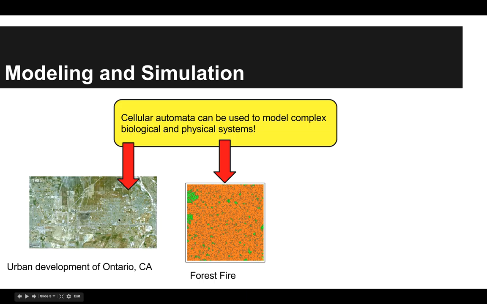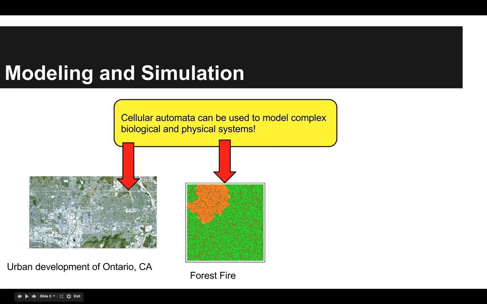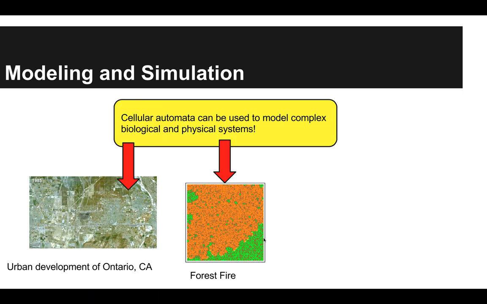Here we have an urban development of Ontario from 1985 to 2010. And then here we have a forest fire that starts out somewhere around here and that keeps spreading and spreading and spreading. And of course, a bunch of other applications like gas behavior.